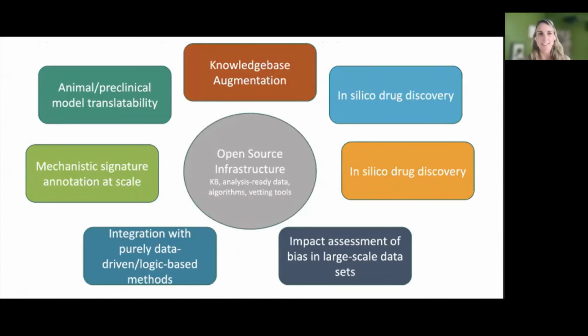There's a lot more that could be done with it in the areas I mentioned before, like drug target mechanism discovery and assessing models for their translatability potential. Something Sean and I were talking about this morning is, with all of these mechanisms that you're able to make inferences about, can you then start to annotate a patient with what their mechanistic signature looks like, not just their gene expression signature?